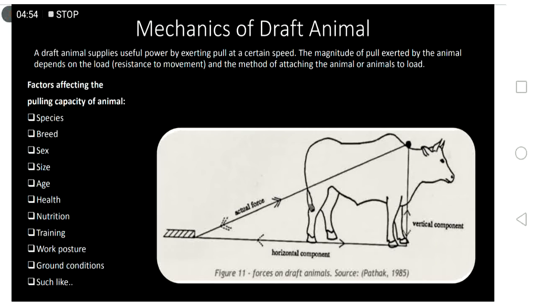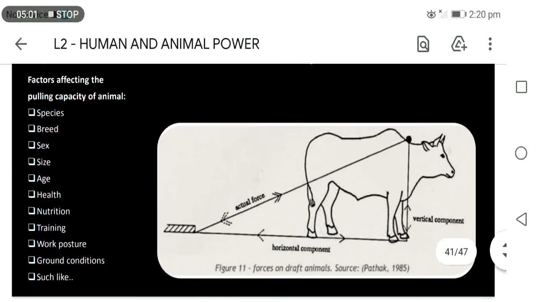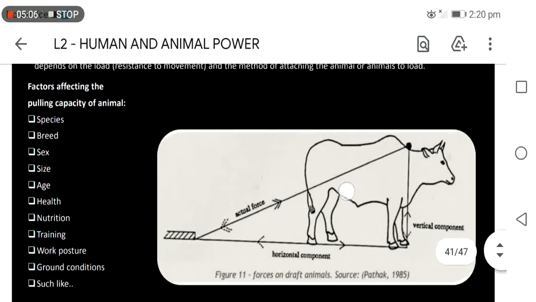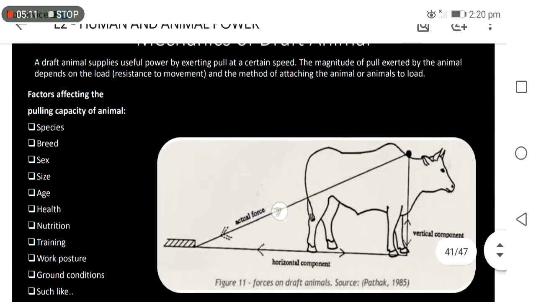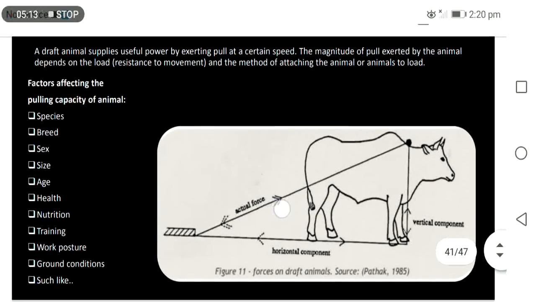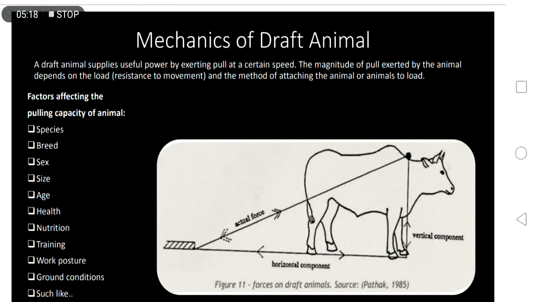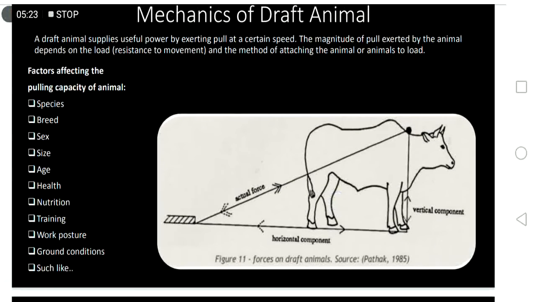But the effective force is the horizontal component, because the tilling action goes along this horizontal axis. The actual force carried by the animal is the one located at the hypotenuse of the right triangle here.